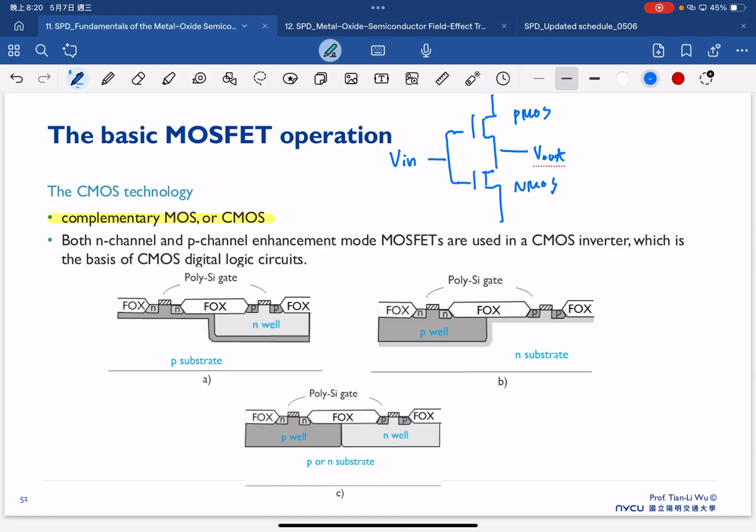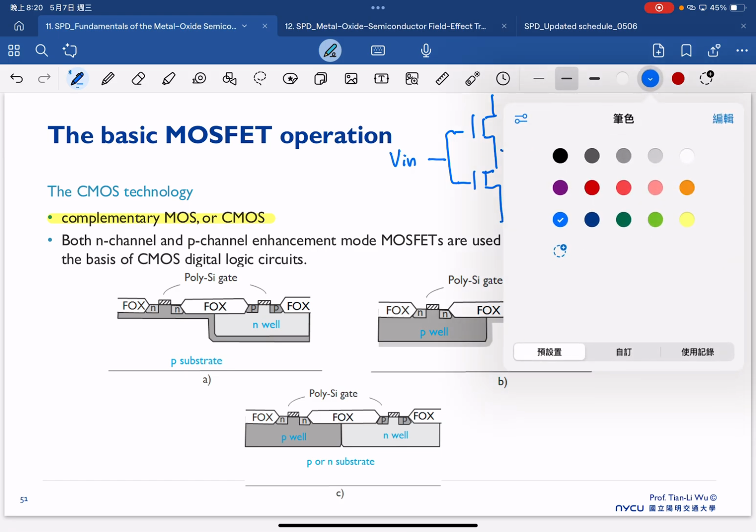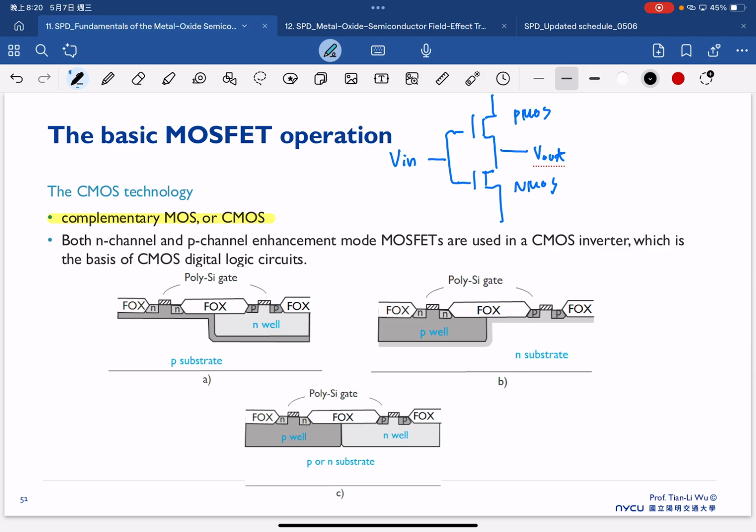The purpose of having the PMOS and NMOS connected is that in the end we want to have the logic function that we call the inverter.